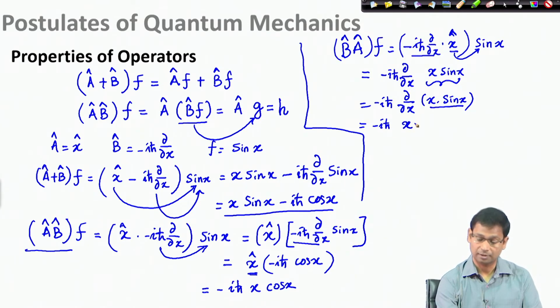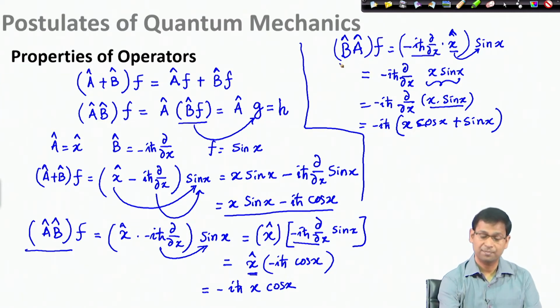I first take out x and differentiate sin x, or take out sin x and differentiate x. So, when I apply B A on function f and I apply A B on function f, I see the results are different.